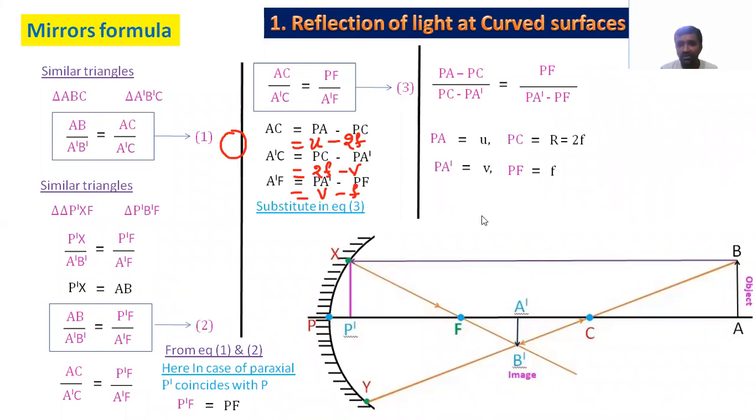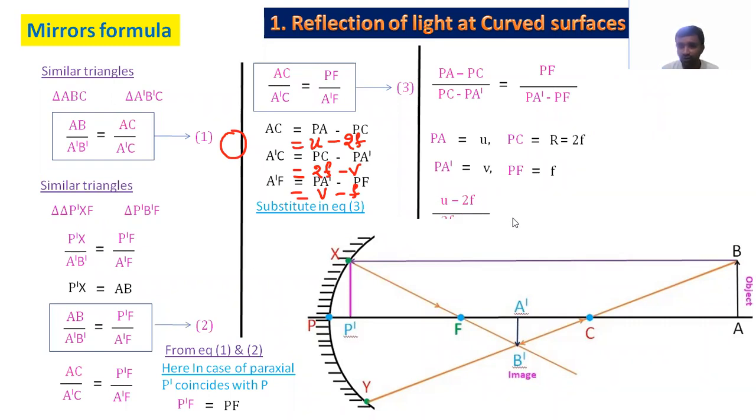So now we will replace these values in the above equation. PA is replaced as U and PC is replaced as 2F, by PC, already left side written with red color. Then again substituting individually.